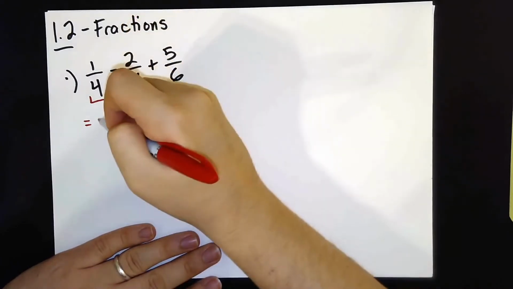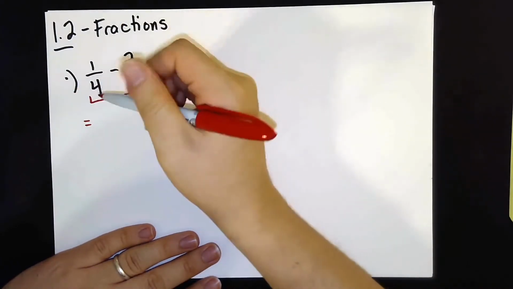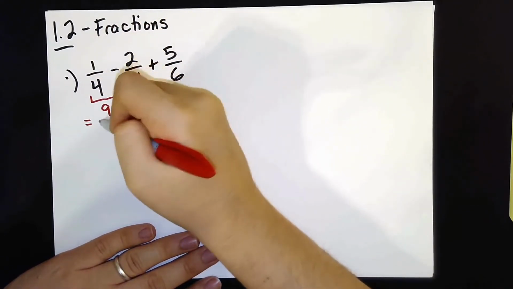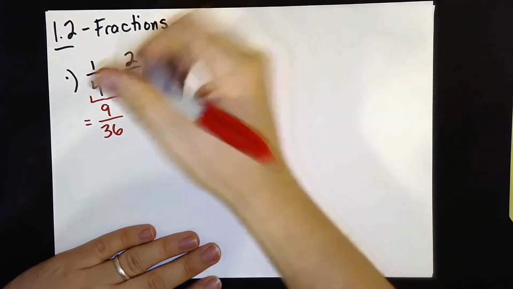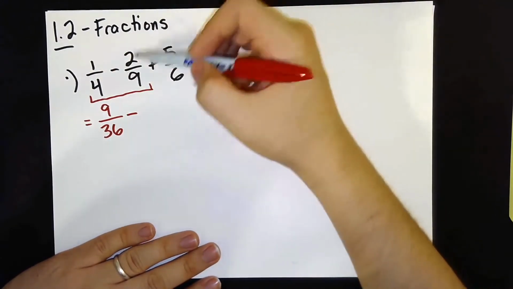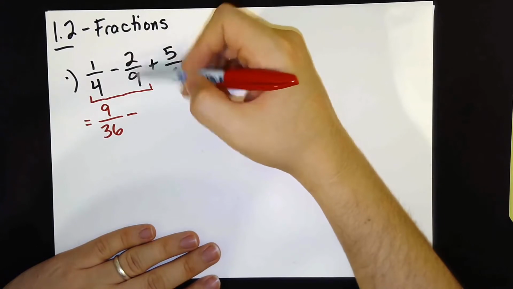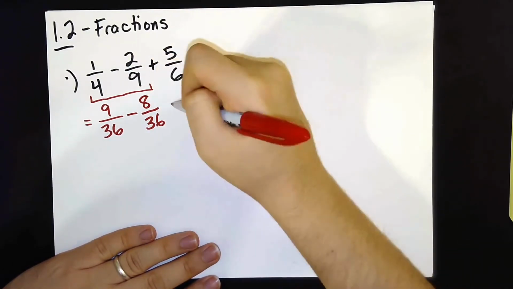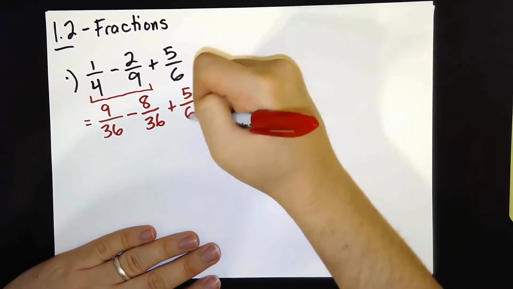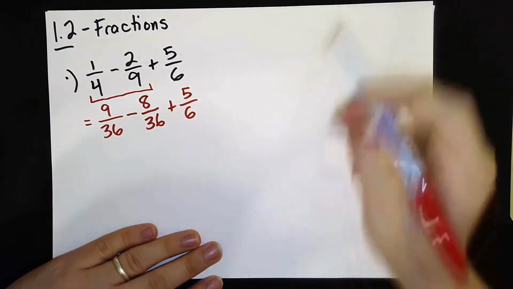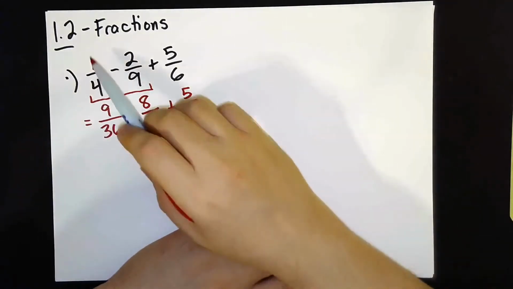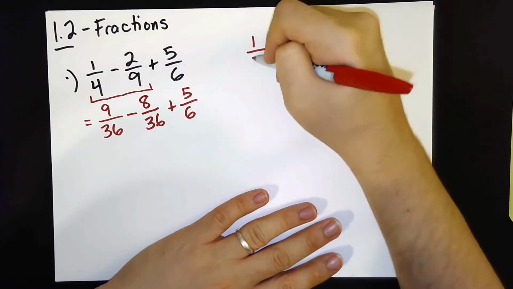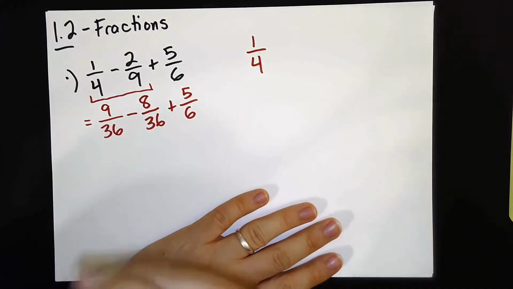So I really want to rewrite 1/4 as 9/36, minus, and then 2/9, instead of writing it as 2/9, I want to rewrite it as 8/36. And I'll just leave the 5/6 over here for a second. What really happened here is that I said, okay, I want to put 1/4 over a denominator of 36.